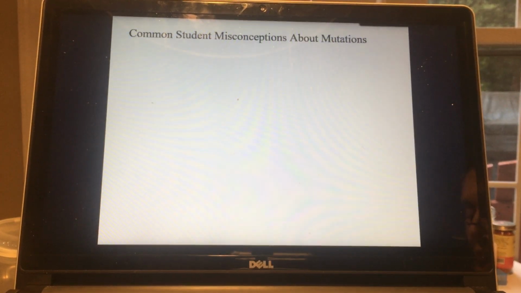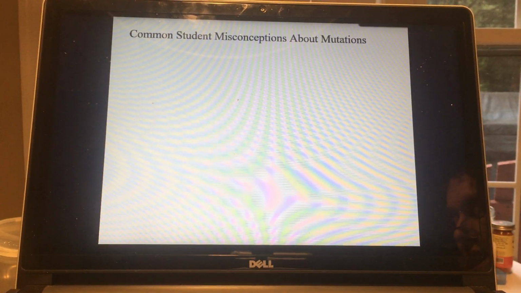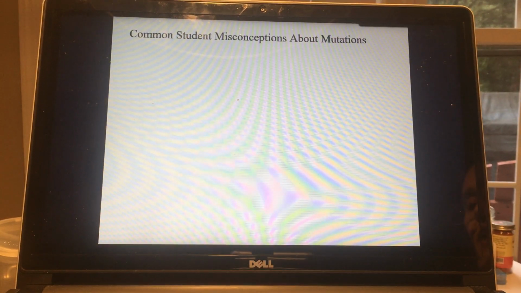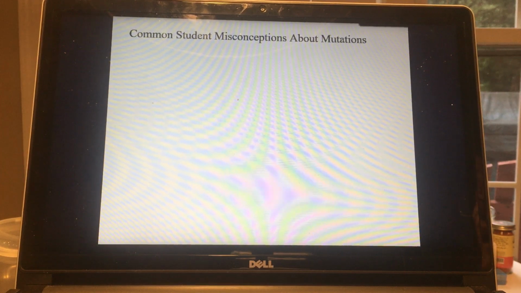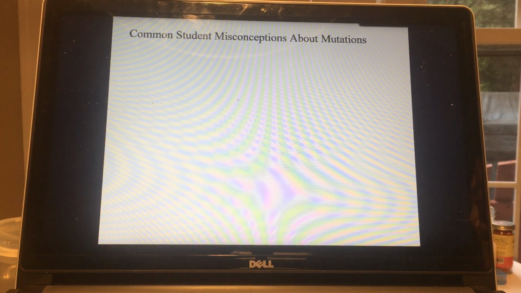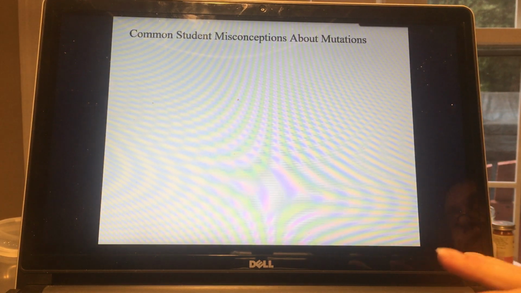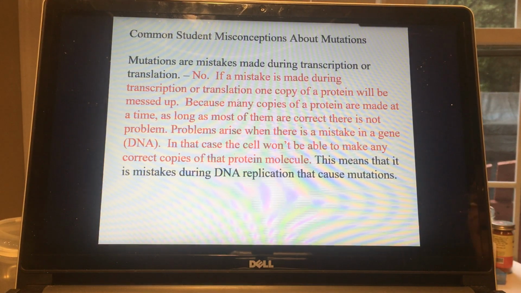But the reason I wanted to talk about some common misconceptions is that I've noticed over the last several years that there are some common errors that students make on upcoming projects or lab analysis questions. So the first common misconception about mutations is that it's a mistake made during transcription or translation.